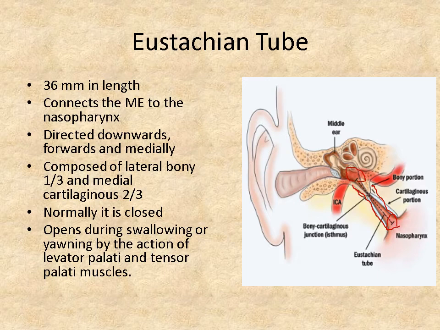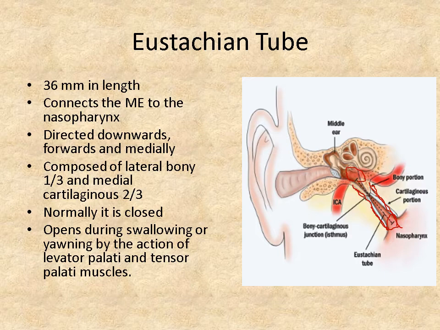The lateral 1/3, close to the middle ear cavity, is bony, whereas the medial 2/3 is cartilaginous, composed of incomplete C-shaped cartilage, because normally the Eustachian tube is always closed, and it opens during swallowing or yawning by the action of the palatal muscles, the levator palati and the tensor palati.